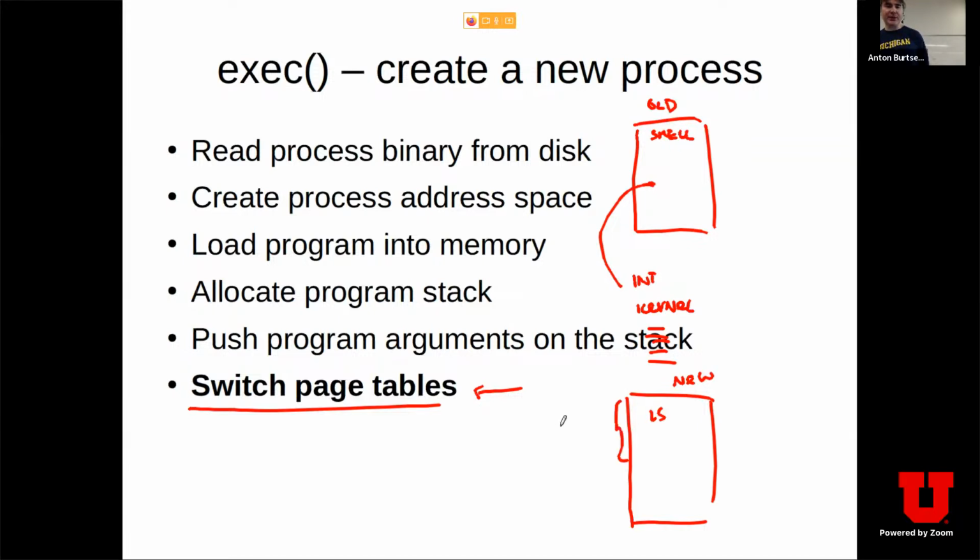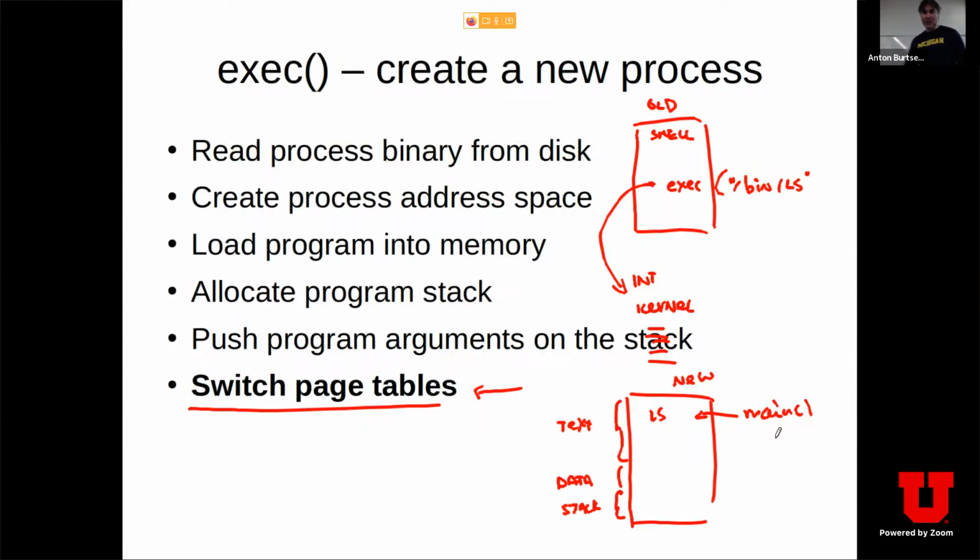It has a text section of ls, a data section, and a stack. Agree with this? Our goal, since this was an exec system call, say bin ls, is to start executing ls from its entry point, which in the case of x86 is just the main function. Agree with this?